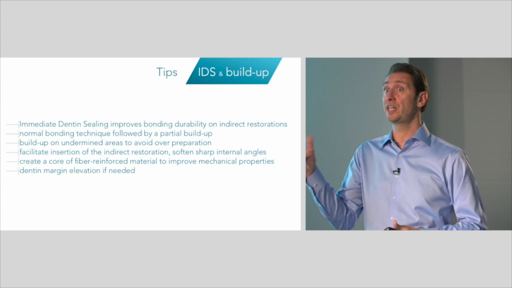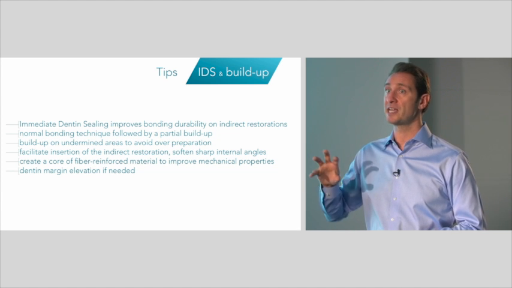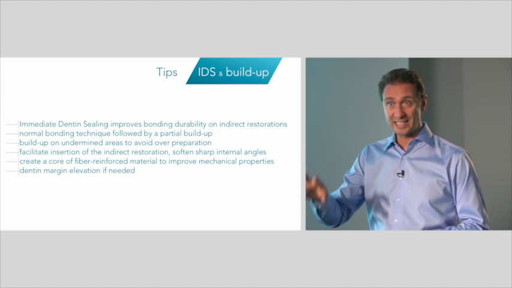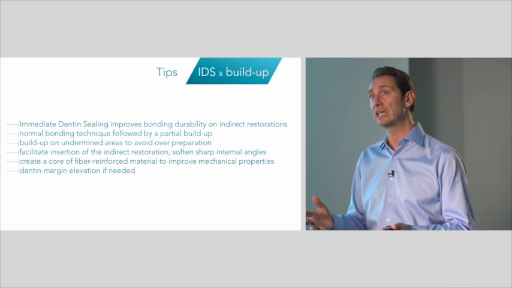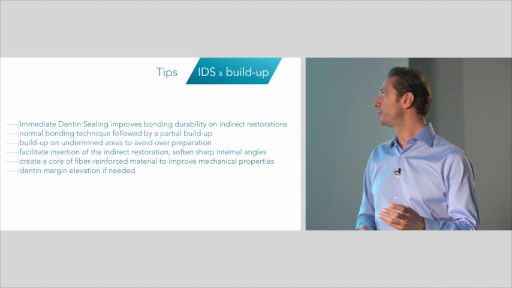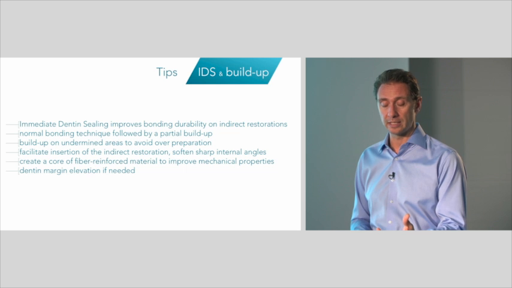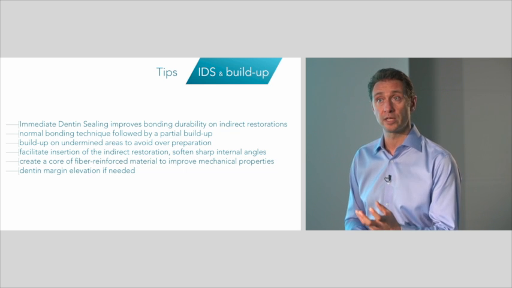You will have to fit in, of course, a restoration that is made out of the mouth. It needs to fit into the cavity, so don't over-prep, don't necessarily remove the remaining tooth tissue that is strong enough.